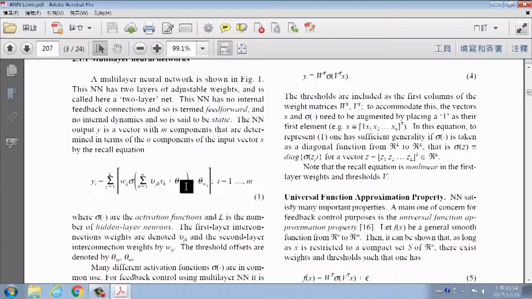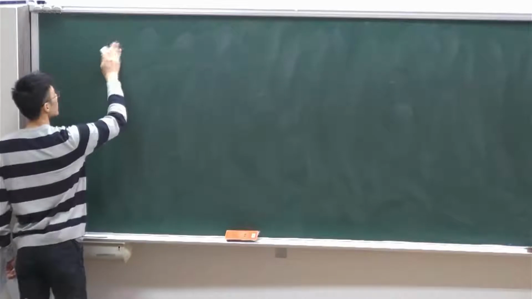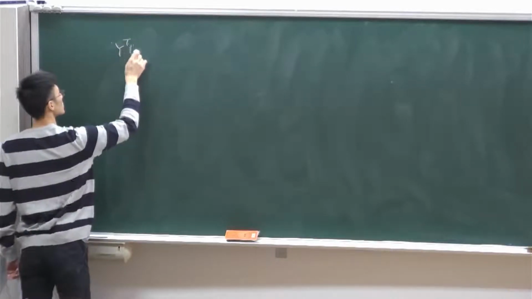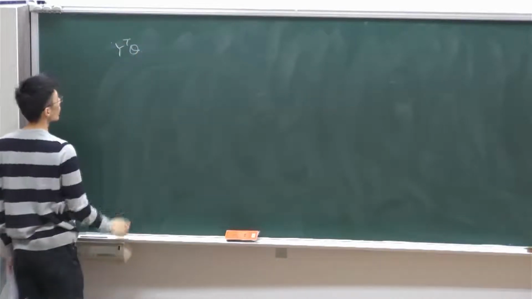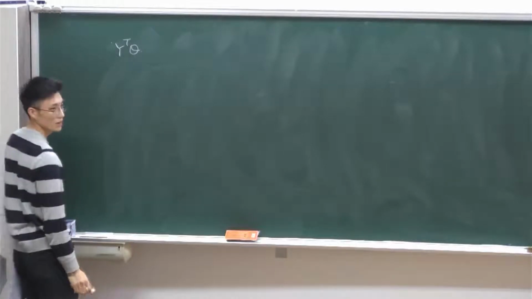How can we use this neural network to help us in nonlinear control? We have taught how we can use Y transpose theta to replace some of the dynamics.